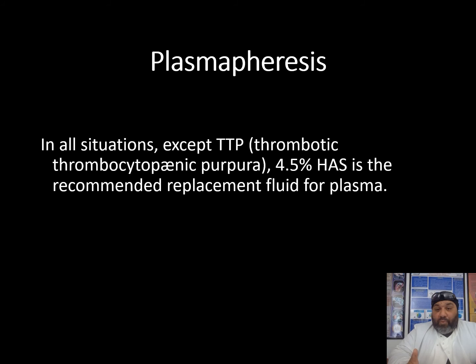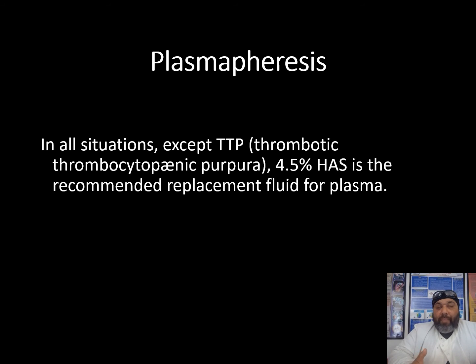So plasmapheresis is different, and in all situations except what is known as thrombotic thrombocytopenic purpura, or TTP, 4.5% human albumin solution has been recommended as the replacement fluid for plasma.